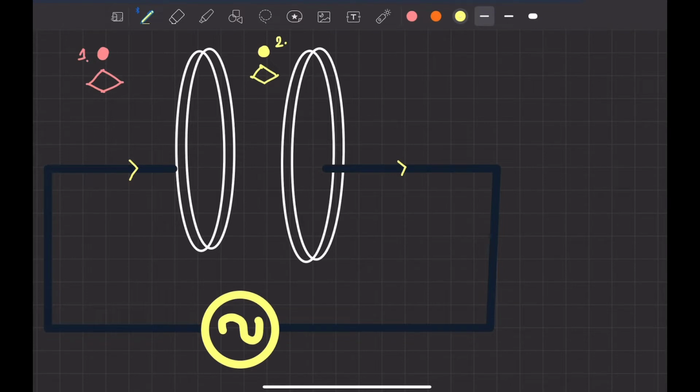But Ampere's law clearly argues with this point.